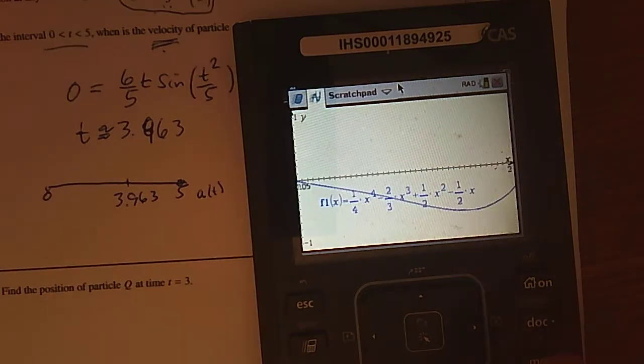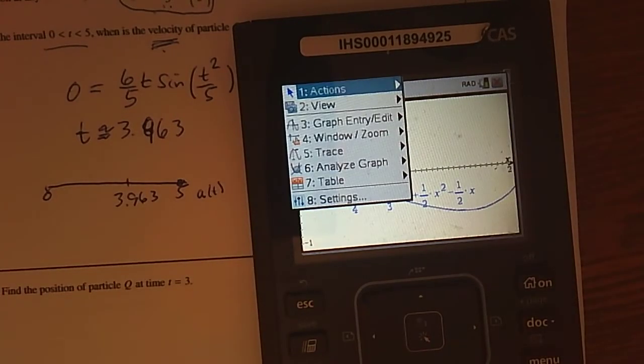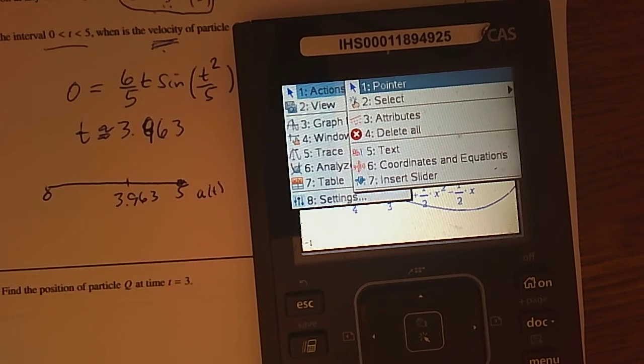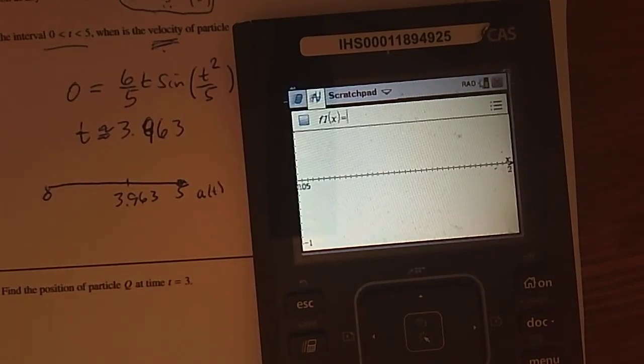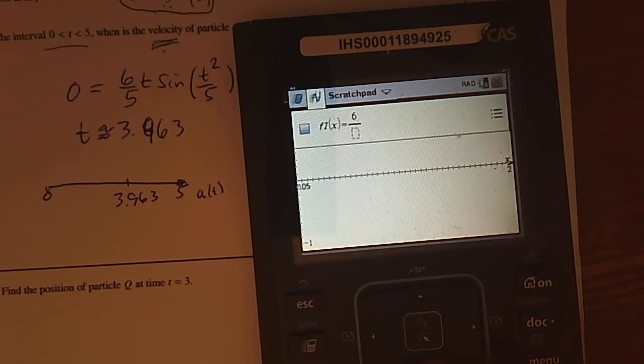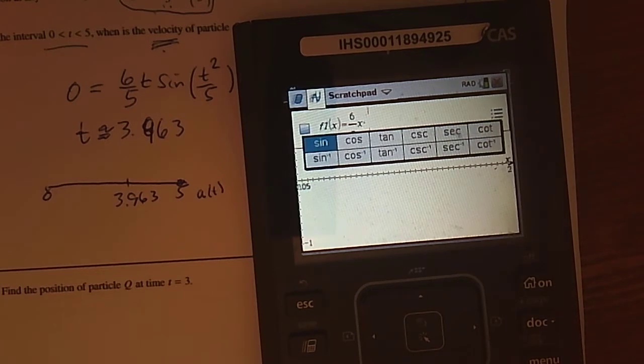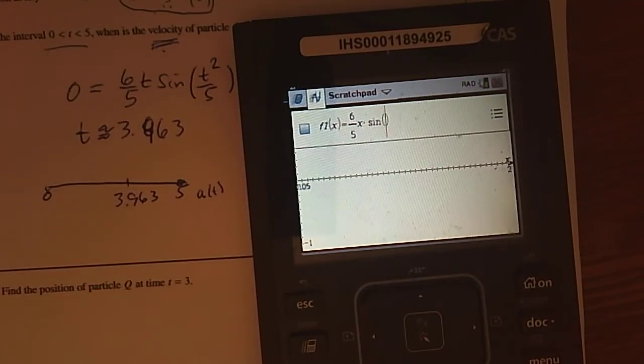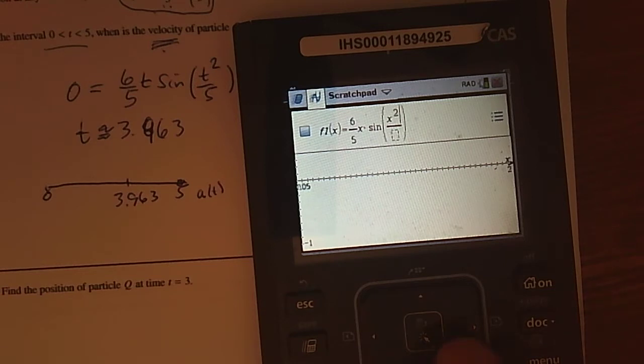So if I go to the graph, I'm going to erase what I have here. And then I'm going to type in, because it might be helpful just to even have it typed in. So 6 over 5 x, don't use t, times sine x squared over 5, and then graph it.